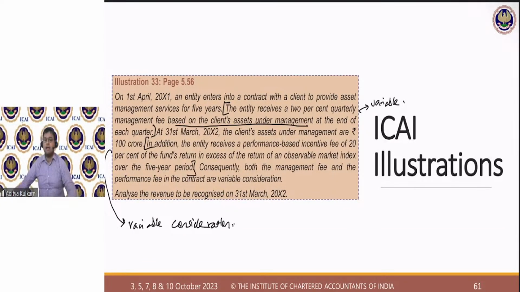Should it be 2 crores? Should it be with that bonus of 20%?